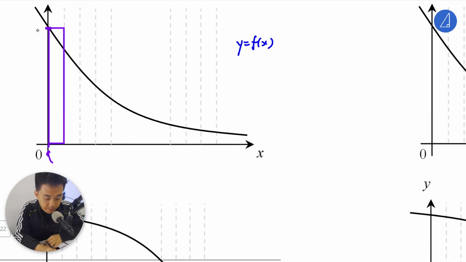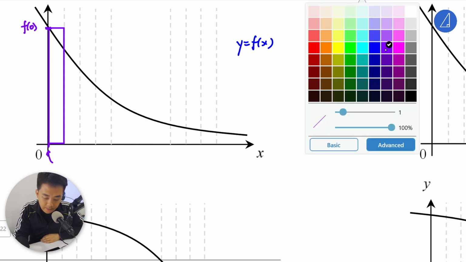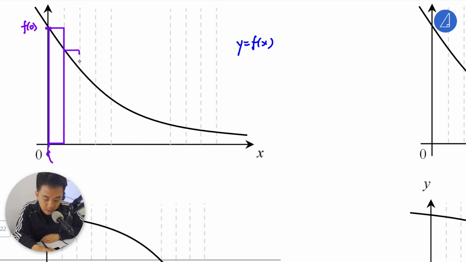So this is f, and the height is f(0). Assuming that you are drawing a few like that, just draw it out, left bound.